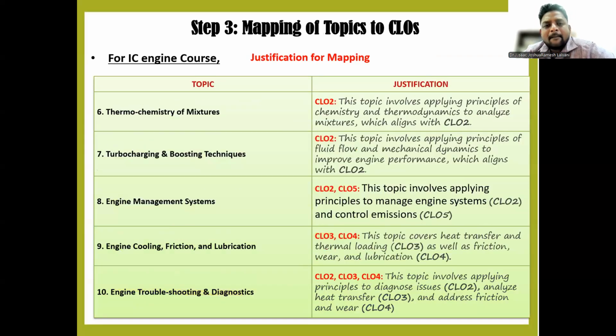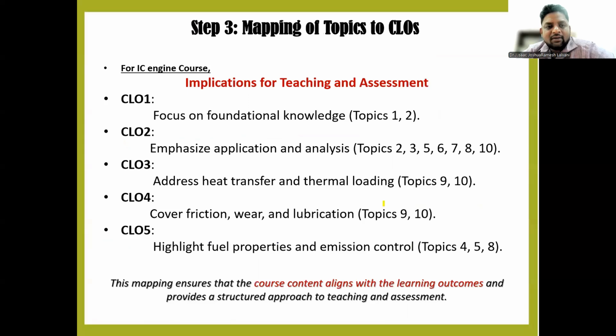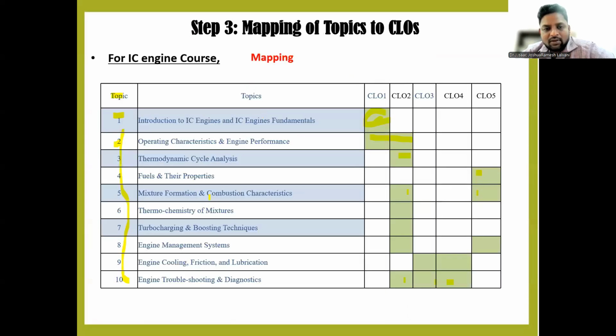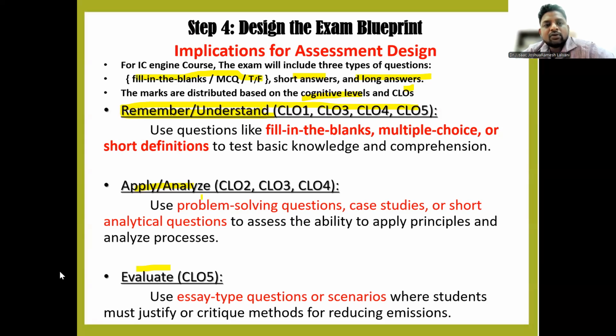So now I have written it: remember and understand will be CLO1, 3, 4, 5, apply will be CLO2, 3, 4, and evaluate will be 5. Usually the remember and understand questions are considered the lower or basic part of the Bloom's levels.